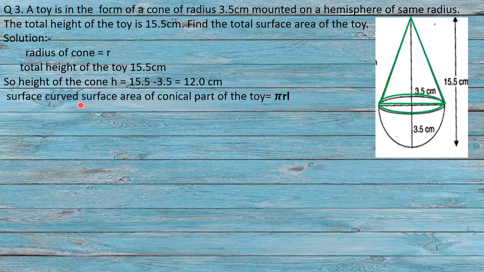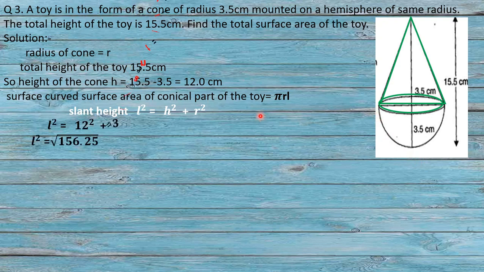Now the curved surface area of the conical part of this toy is, we know, pi r L. Here L is known as the slant height. So first of all we have to find the slant height. As we know, the slant height L square is equal to H square plus R square. Now put the values: R is 3.5 and height is 12 centimeters.